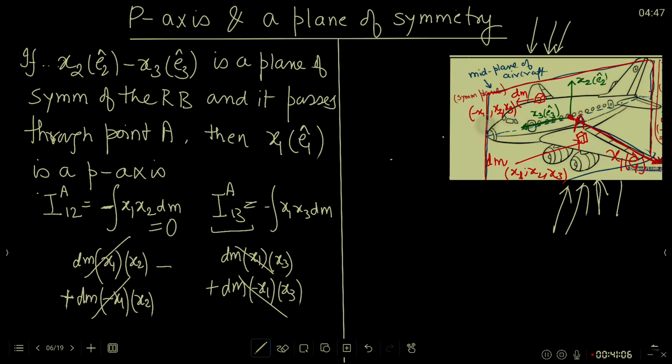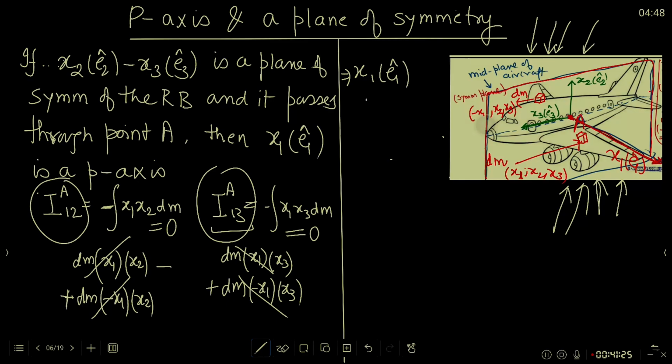There is a counterbalancing mass on the other side, making this IA13 0. Now if you have IA13 0 and IA12 0, indeed, by definition, x1e1 is a principal axis. This is why this visual inspection method will work.